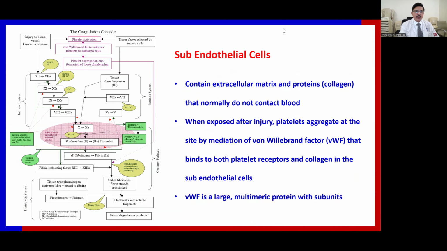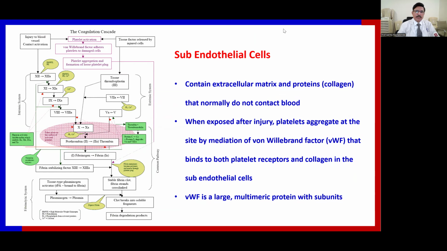Now you see the subendothelial cells. So there are some cells under the endothelium. When the endothelium is damaged, subendothelium will not keep quiet. It also tries to do its best. What is that? Certain extracellular matrix and proteins called collagens are normally not in contact with the blood. Why? They are subendothelial, below the endothelium.